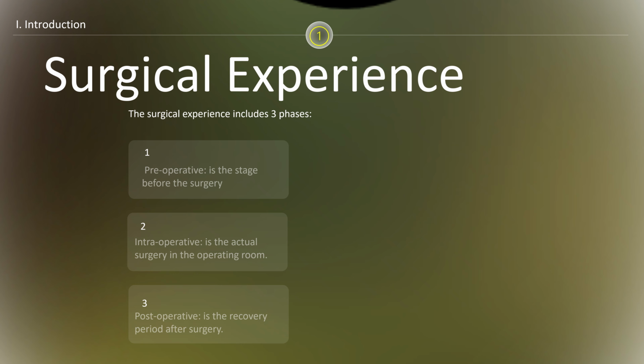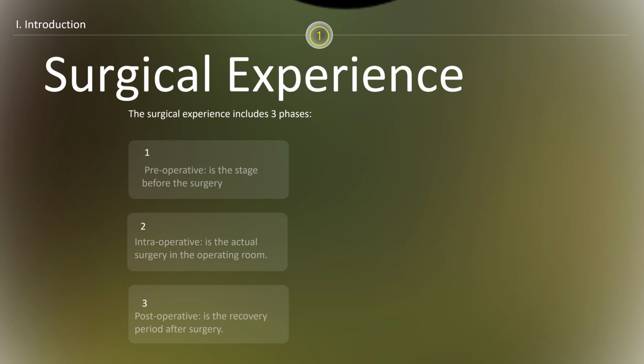Then also verification of signed informed consent with witness, and the initial time out, pause for cause, which is to confirm ID information, name of surgeon, procedure details, and correct surgical site if it's unilateral.